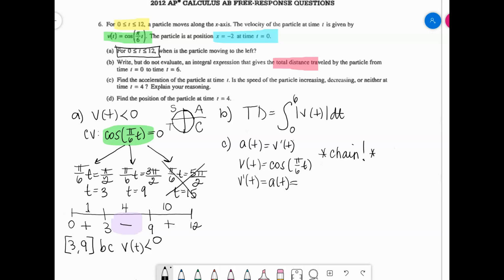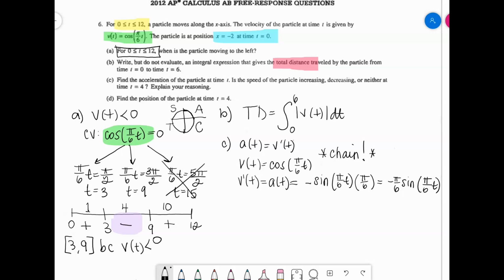So the derivative of cosine is negative sine. Now we leave the inside function the same. Then multiply that by the derivative of the inside. So the derivative of the inside of pi over 6t is just pi over 6. Now we could clean that up to be negative pi over 6 sine of pi over 6t. So that expression there is your acceleration at time t.